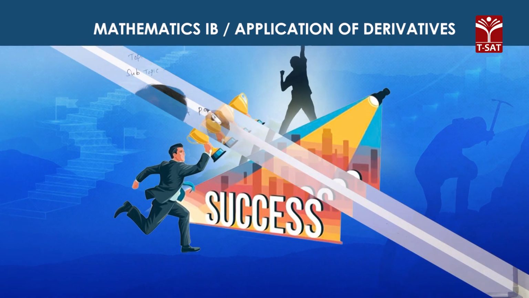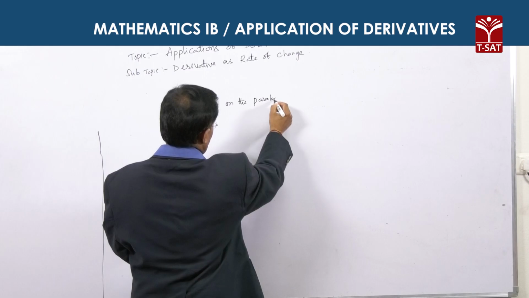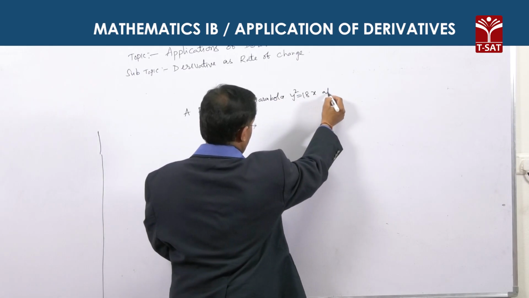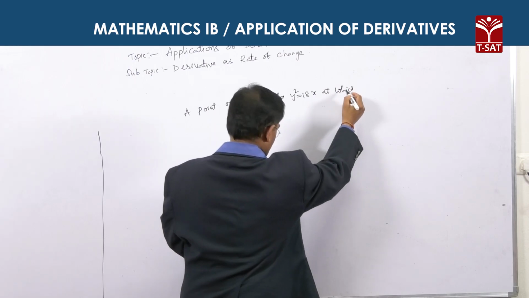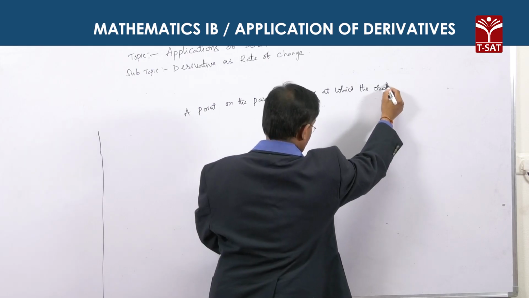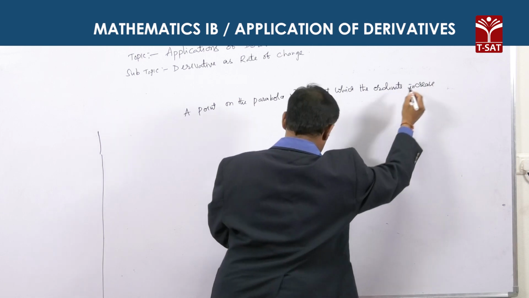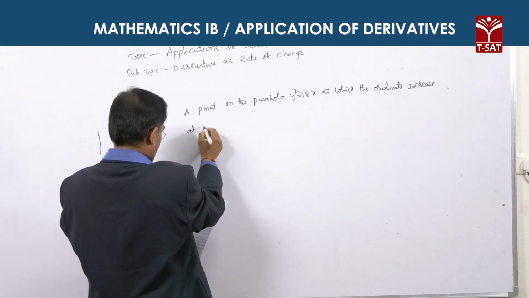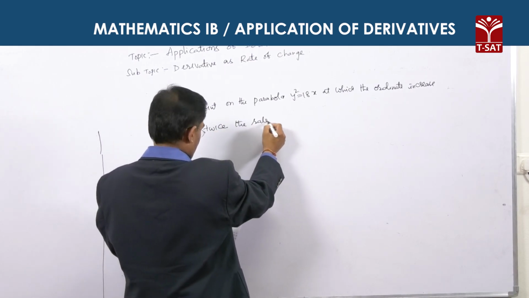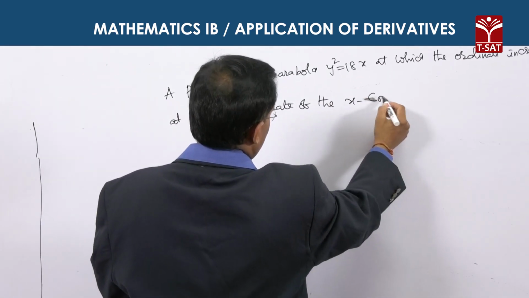Next question: a point on the parabola y square is equal to 18x at which the ordinate increases at twice the rate of the x coordinate.